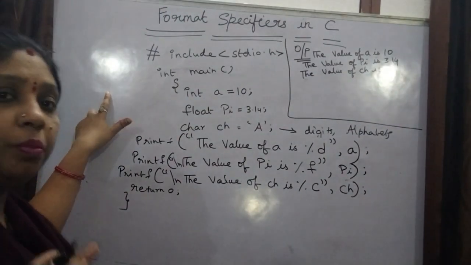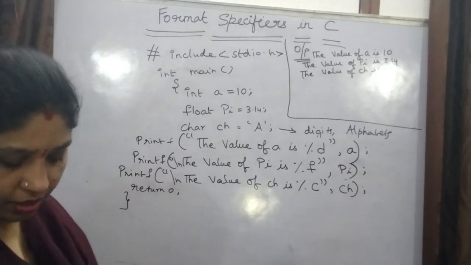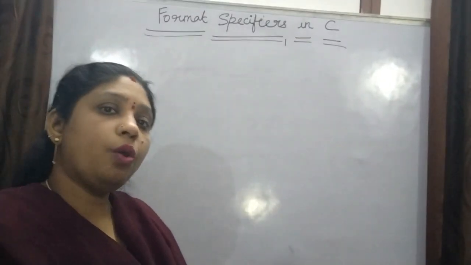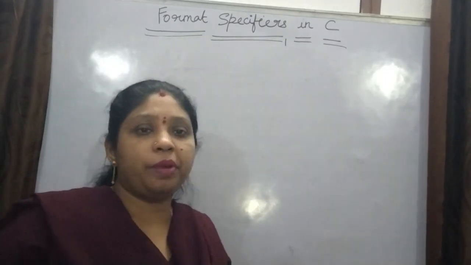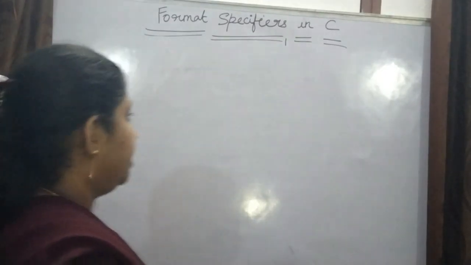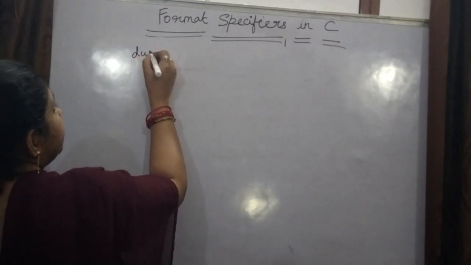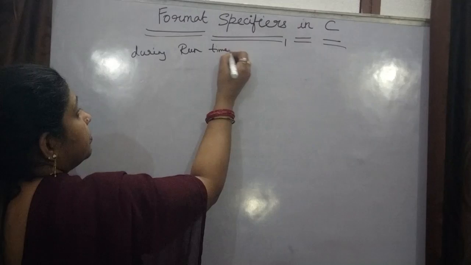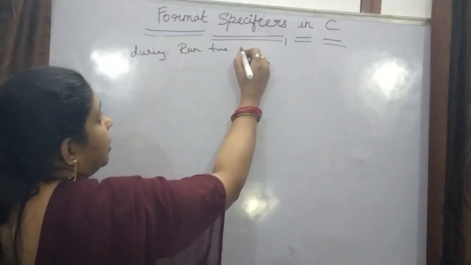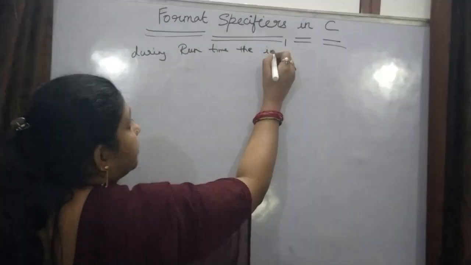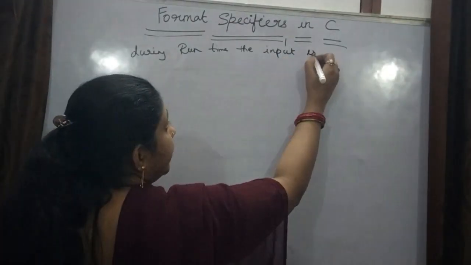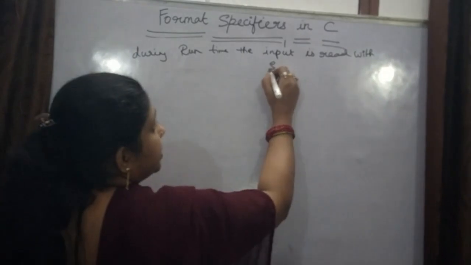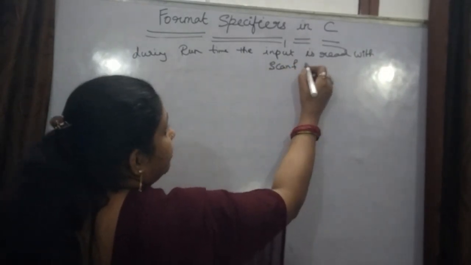Now I will tell you about the scanf statement. Okay, now we will discuss the scanf statement, how we have to use the format specifiers in the scanf statement. During runtime, the input is read with the scanf function.